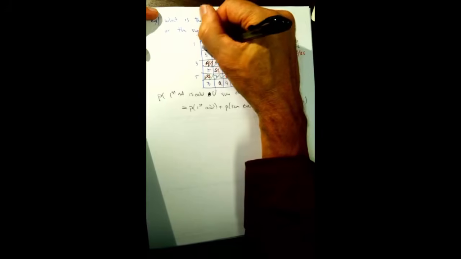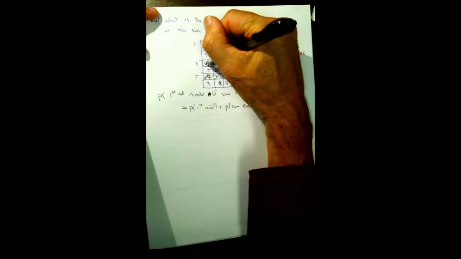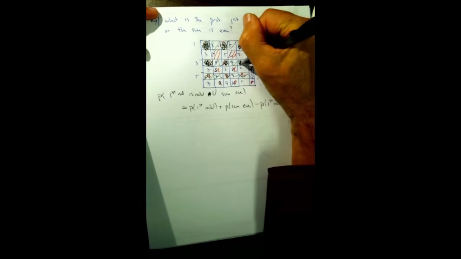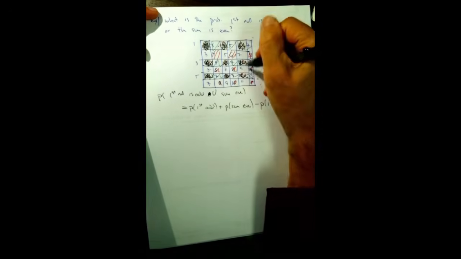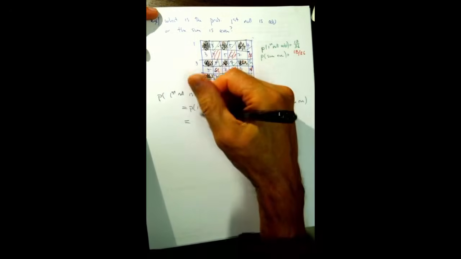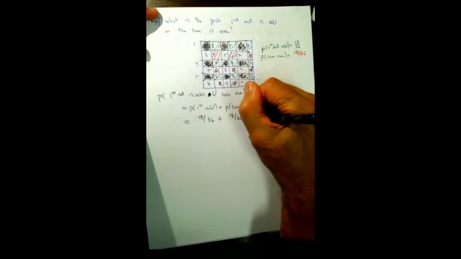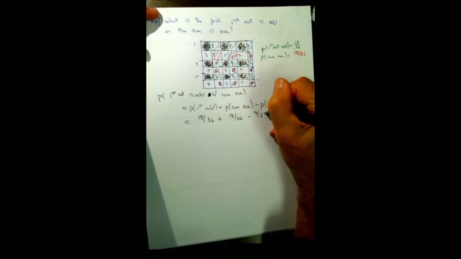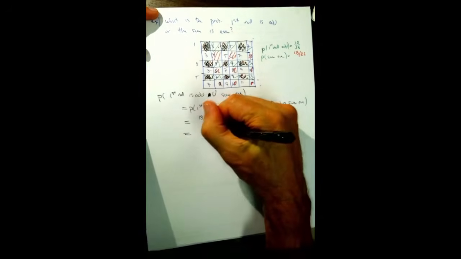Well, this is going to be first is odd and even, and this one, and then down here, it's going to be odd and even, and then the same thing here. So there's 9 ways that can happen. So this is going to be 18 out of 36 plus 18 out of 36 minus 9 out of 36, and that's going to be what? 36 minus 9 is 27 out of 36.